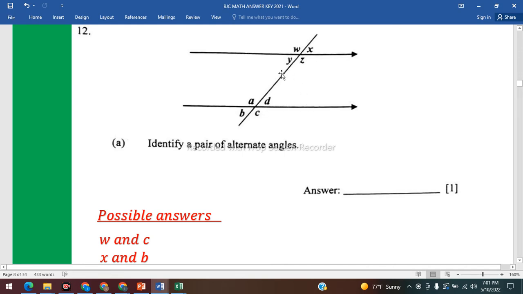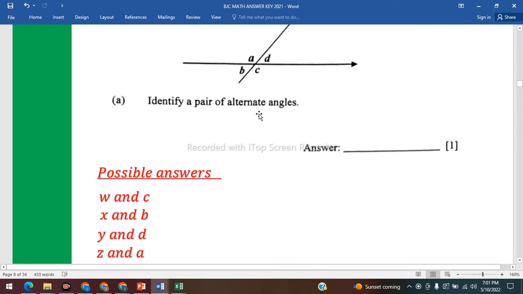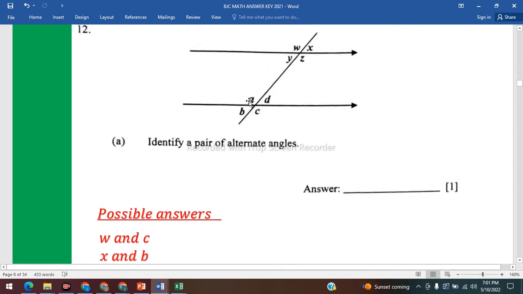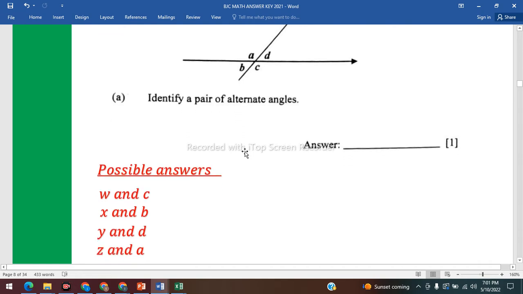So Y and D would be the first one that I would say is the easiest one to look at. But X and B and W and C are not as obvious. And then Z and A. Okay, so those are the possible answers.